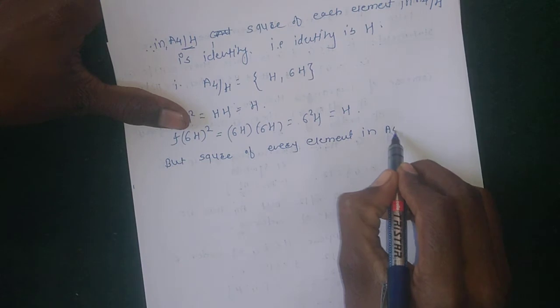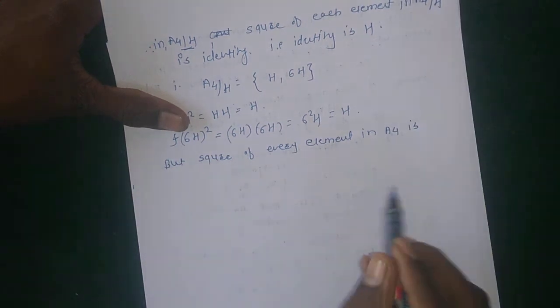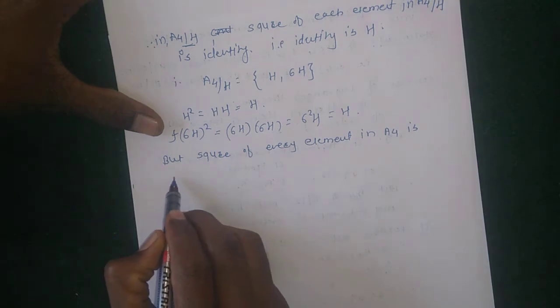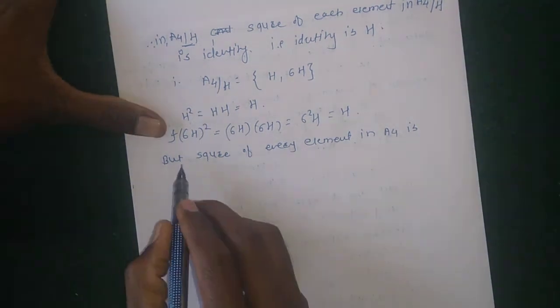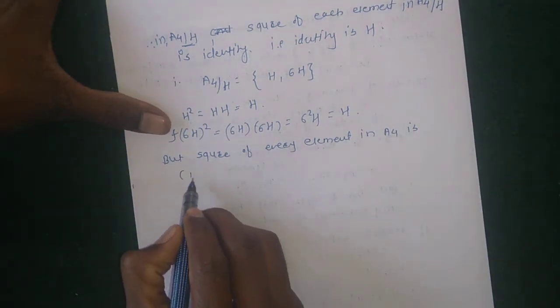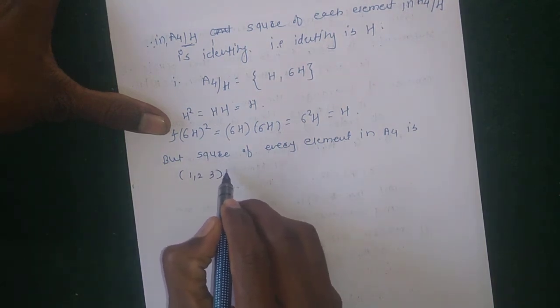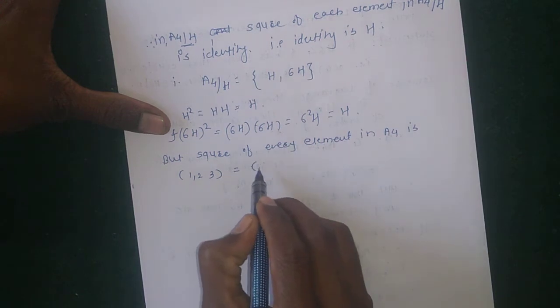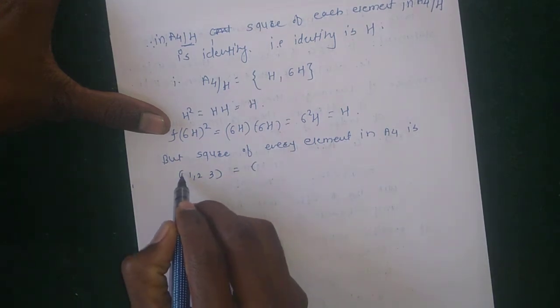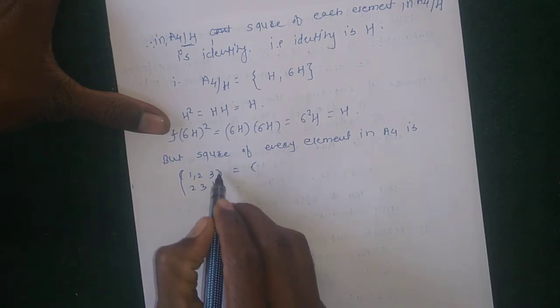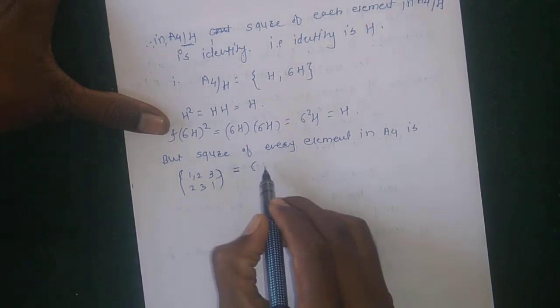Suppose we choose any one element, say (1 2 3). This is a permutation: 1 goes to 2, 2 goes to 3, 3 goes to 1.